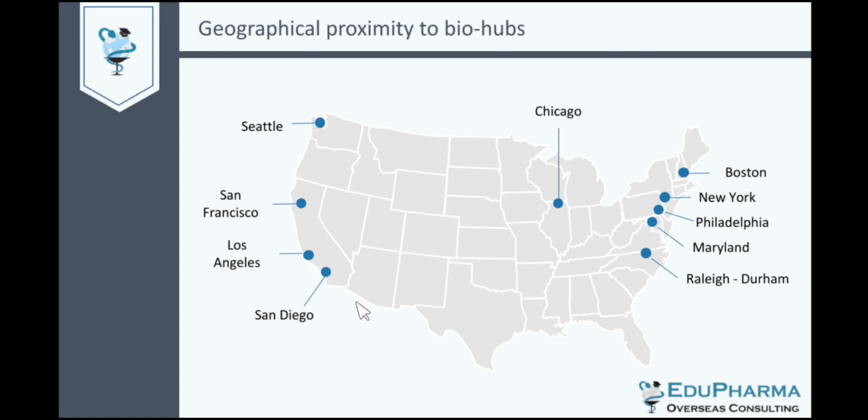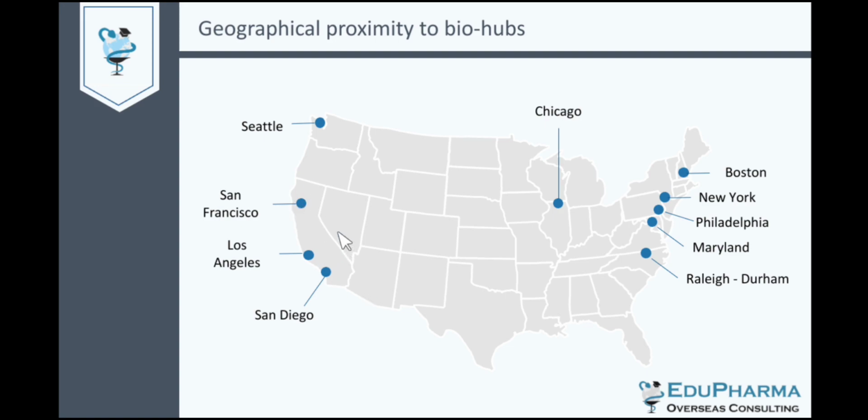Why this is important is, if you are, let's say, targeting an industry job after your masters, it is important that you are as close to the industrial areas as possible. This would help to make you more attractive as a candidate to the companies, because they won't have to pay you relocation costs. It's a norm in the US for companies to pay relocation costs to candidates once they are hired, if they have to move from one state to another.